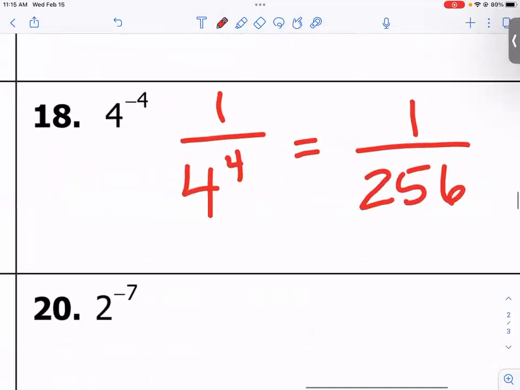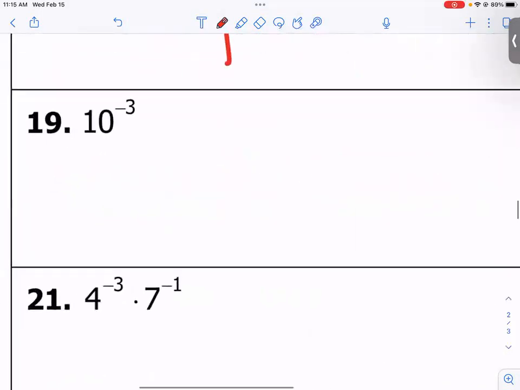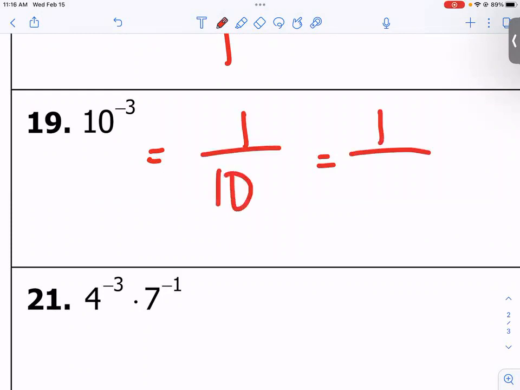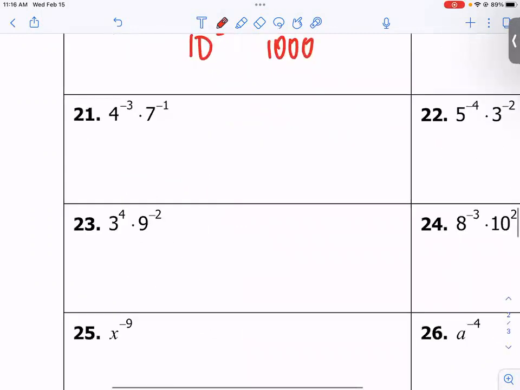So what I would do in this case, I would figure out what 4 to the 4th is instead of trying to do like fraction times fraction times fraction. Okay. All right. Number 19, Ryan, what is this the same as? Oh, 1 over 10. Okay. And what's 10 cubed? 1,000. Okay.